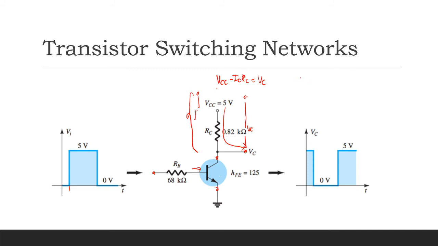So, kumbaga, i-redraw yung circuit. So, we have RC, VCC. Kumbaga, imagine niyo lang class, naglagay ako ng voltmeter dito. That is, yun yung RC. And kapag naglagay ako ng voltmeter dyan, then therefore, the total voltage na makukuha ko dito is voltage nitong dalawa.